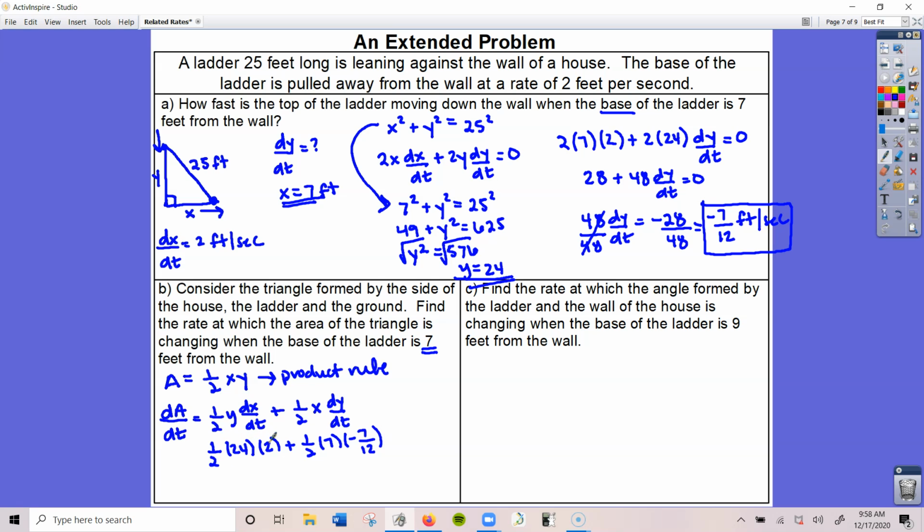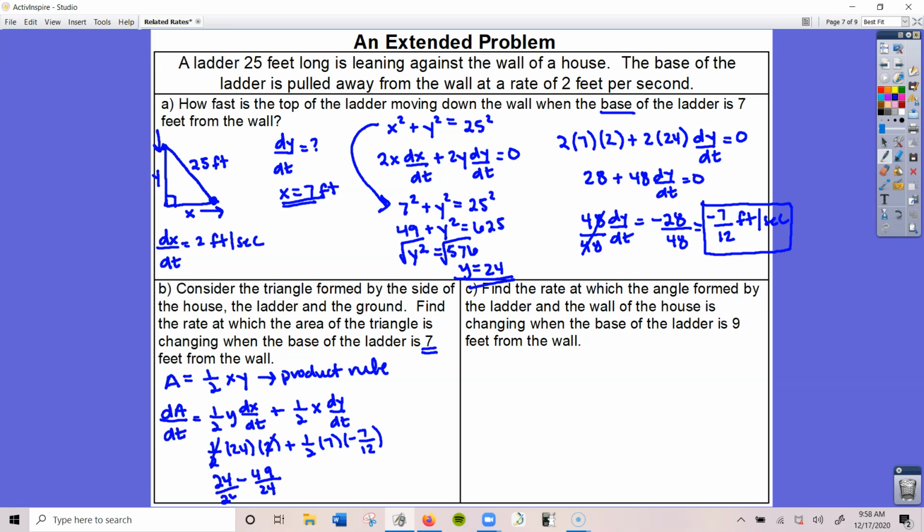And now we can simplify this. Half of 24 is 12. 12 times 2 is 24. Oh, I guess I could have just canceled this. And then this would be minus half of 7 times 7 over 12, which would be 49 over 24, right? We can rewrite this using a common denominator.